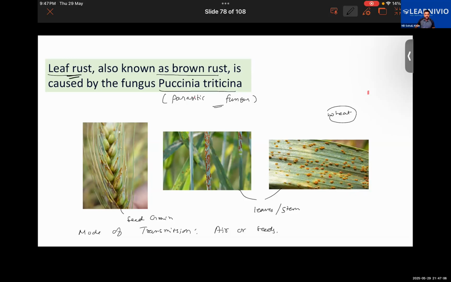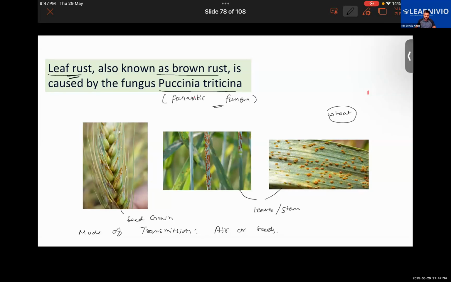It is capable of causing a yield loss of 50% to 100% in some cases. Earlier, if the farmer was obtaining, let's say, 100 kilograms of wheat from the field, now because of this wheat rust problem, the yield will decrease and he would be harvesting only 20 kilograms of wheat from the field. In this manner it will have an impact.